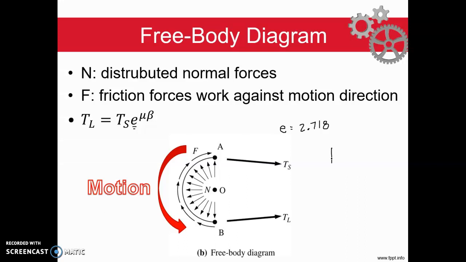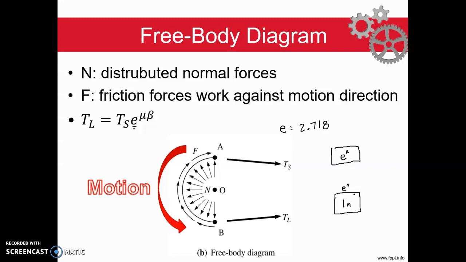You probably have a calculator button that is like e to the power of something. Or on my calculator, I have the natural log button, and if I hit the second button to use the function just above it, the e to the power of is just above it. So this e exponent and the natural log are inverse functions of each other.